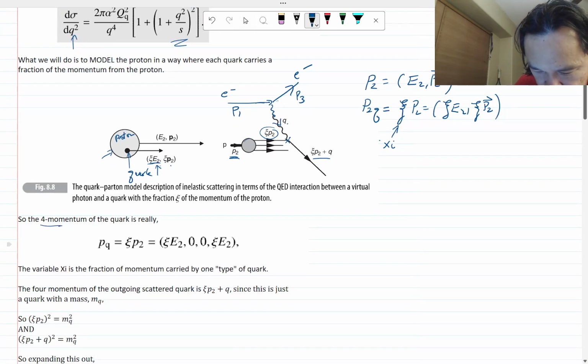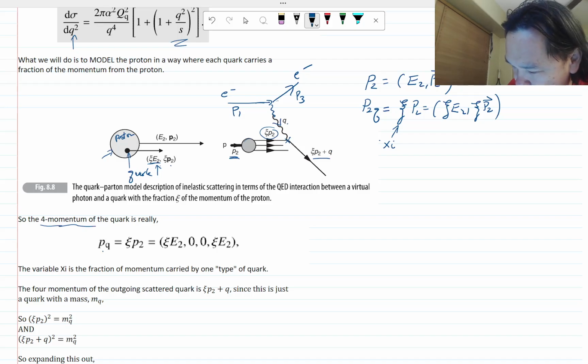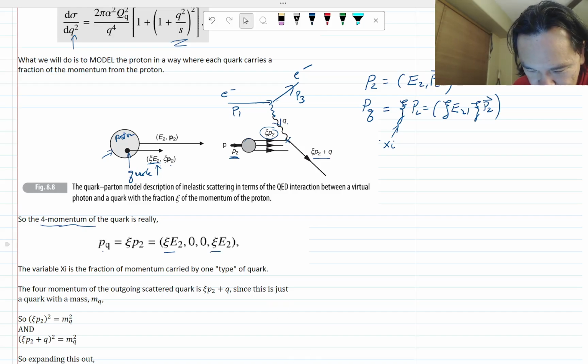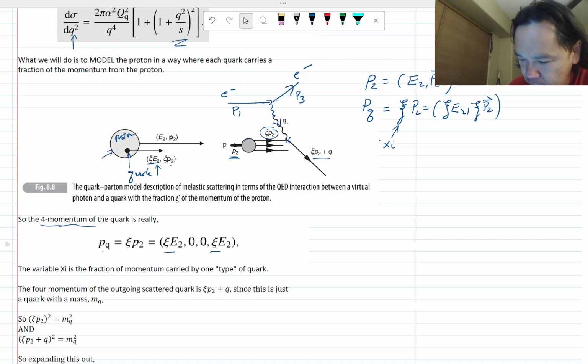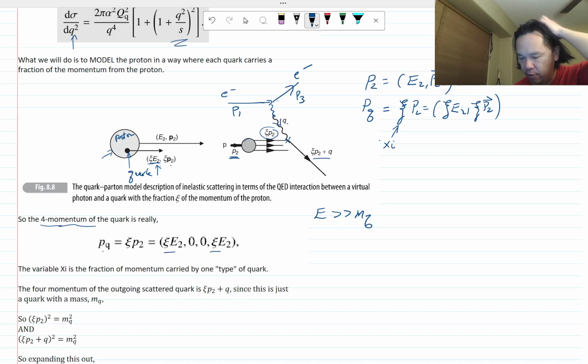So for the 4-momentum of the quark, instead of P2, just call it PQ; it's XC P2, and that's what I wrote up there. In all these cases, we're going to use that the energy we're dealing with is much bigger than the mass of the quark, so we don't have to deal with the mass terms.